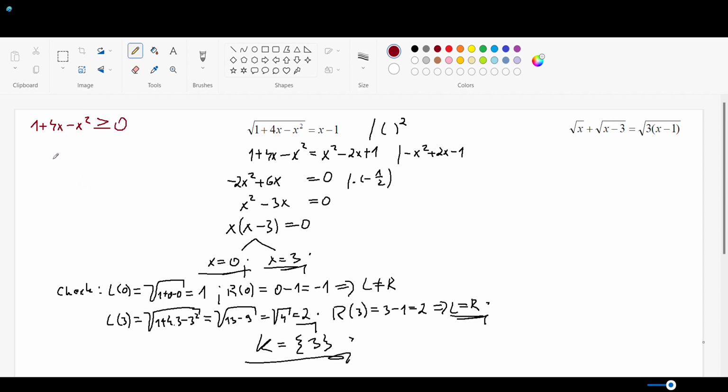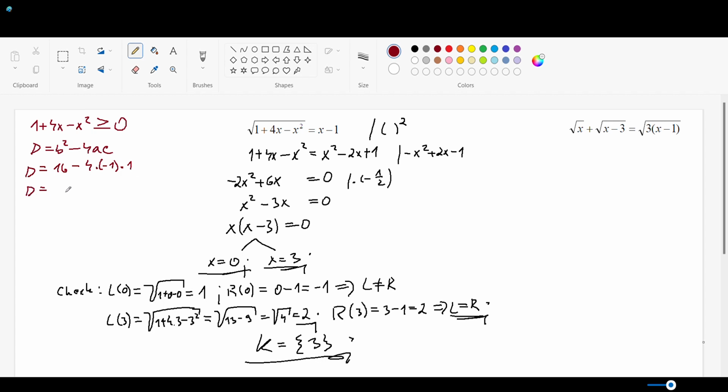As you can see, is it possible to do something like, no, I'm quite lazy, so I will use the discriminant. So this is b squared take away 4ac. In our case, the discriminant is equal to 16 minus 4 times, be careful, a is -1, times c is 1.